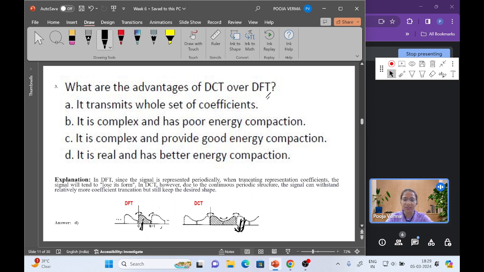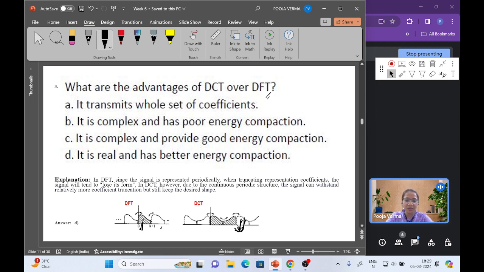In DFT, since the signal is represented periodically, when truncating representation coefficients, the signal will tend to lose its form. So it will start again from 0 and will continue. After n minus 1, it will lose the form. Then it will again start.